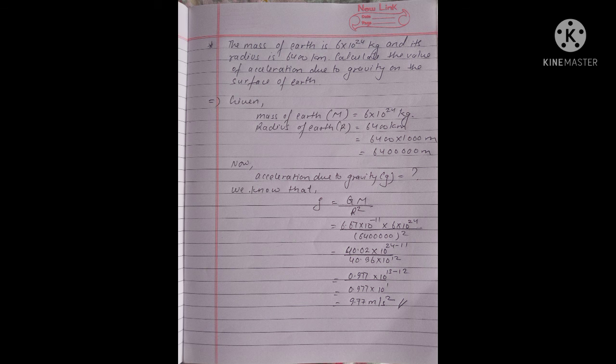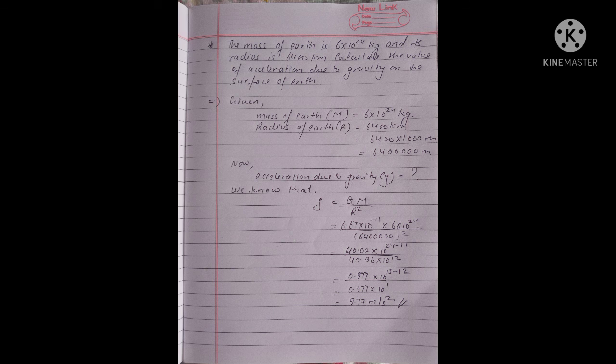We multiply the smaller terms with smaller, so 6.67 times 6 will be 40.02, and the powers of 10 will be multiplied, 10 to the power 24 minus 11, upon the square of 6400000, which will be 40.96 times 10 to the power 12.